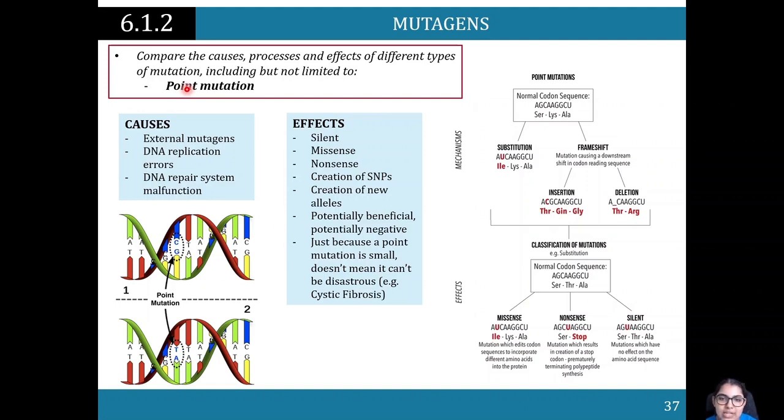Point mutations are mutations in the coding sequence, so they just affect one or two nucleotides. It can lead to a silent mutation, which means we don't actually see it having an effect on the amino acid sequence that's produced.